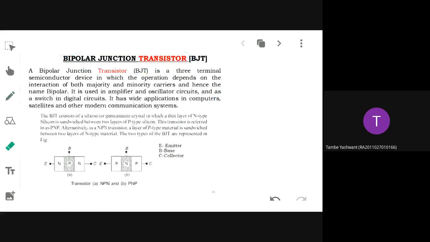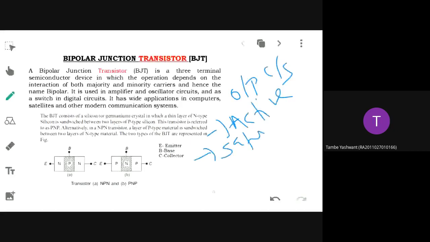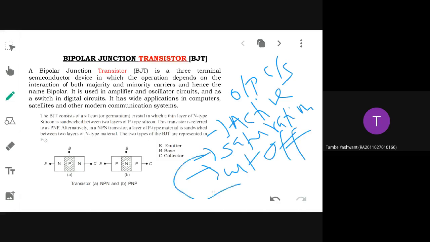It has three regions in the output characteristics: the active region, the saturation region, and the cutoff region. Depending on the region of operation, you get different applications. If it operates only in saturation and cutoff, it acts like a switch. If it is operated in the active region, it acts like an amplifier.